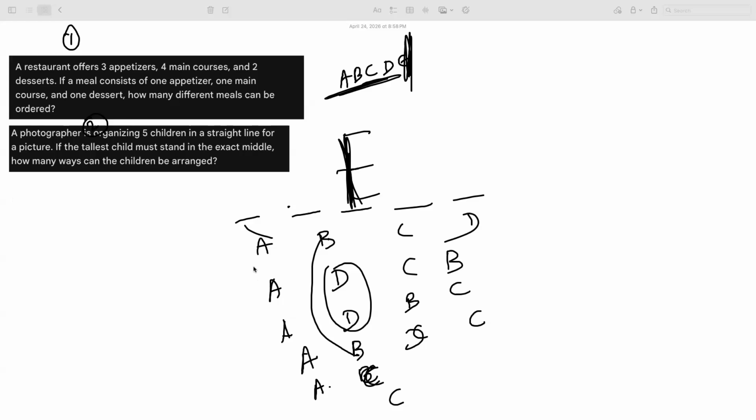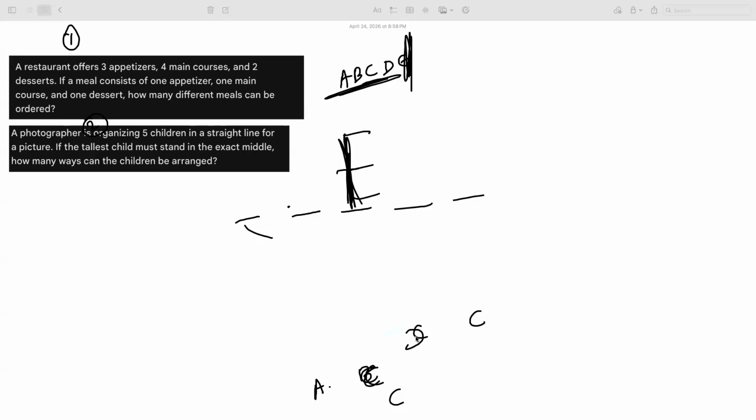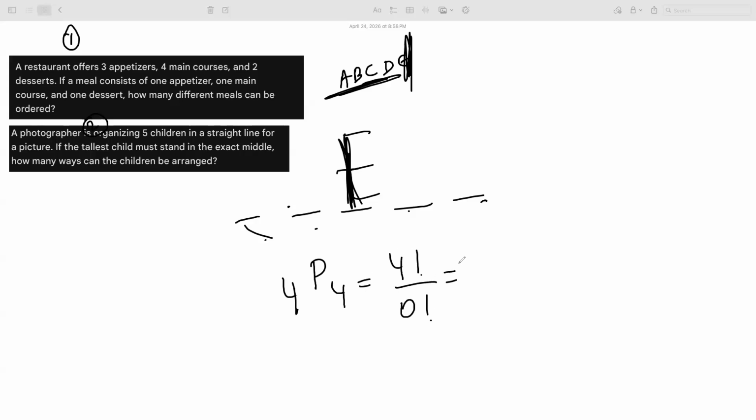For me to find that, it's so easy to say in how many ways I can arrange 4 people. Order is important, right? I have to arrange 4 people in 4 places. 4P4 is 4 factorial by (4 minus 4) factorial, which is 24 by 1. So 24 ways are there to arrange the 4 people.